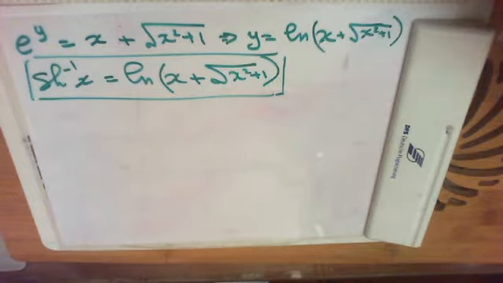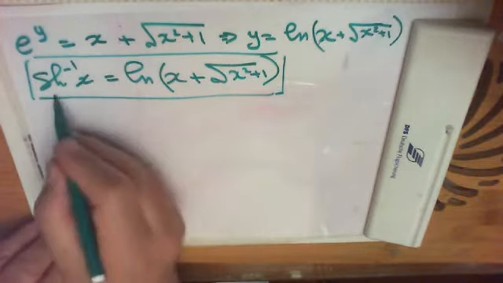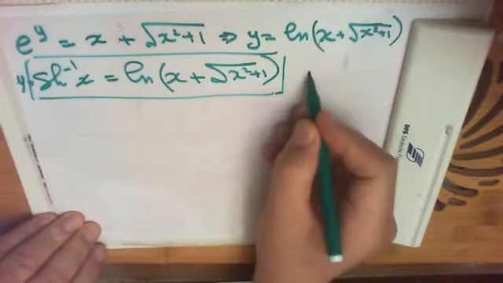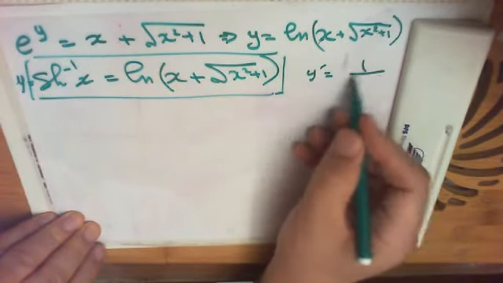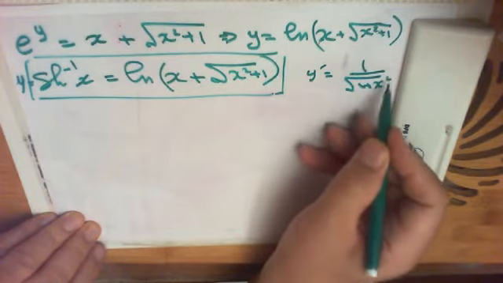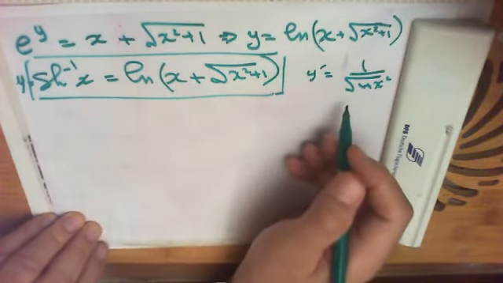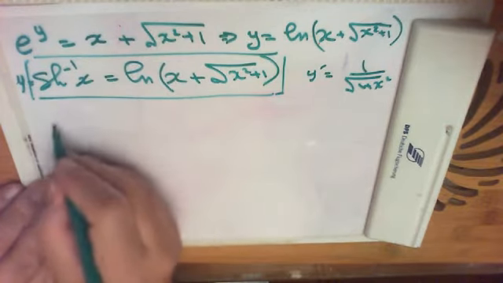Now, someone may wonder, we already obtained y dash as 1 over root of 1 plus x squared. If we differentiate this with respect to x, we will obtain the same form. Yes. How come? Let us try.